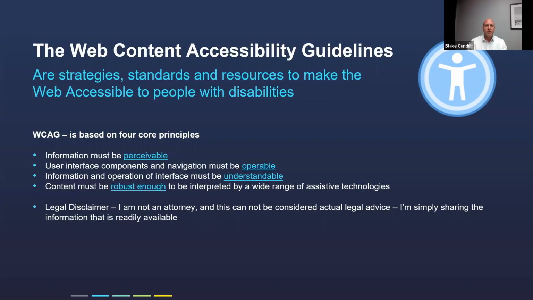Information has to be perceivable. And so, I think most people default to vision impairments. So that's just one part of it, though. There's different interface components that need to be a part of that.